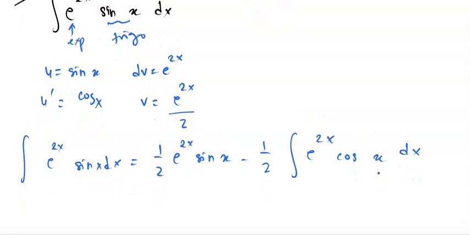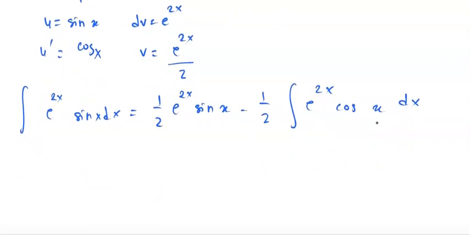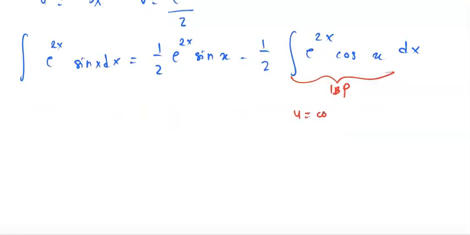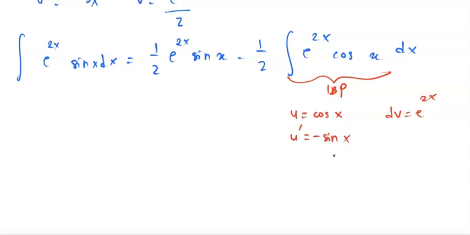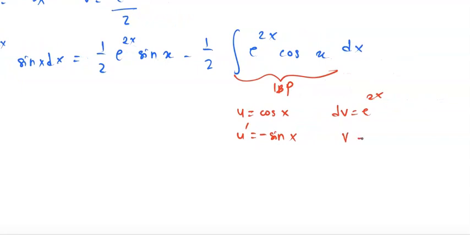Now you have another function. Two functions means you have to do another IBP here, with u as cos x and dv as e to x. And u prime is negative sin x because you differentiate here, and v is e to x.